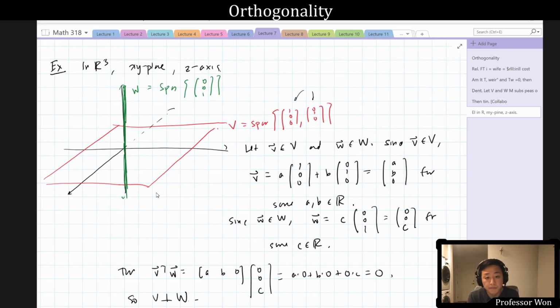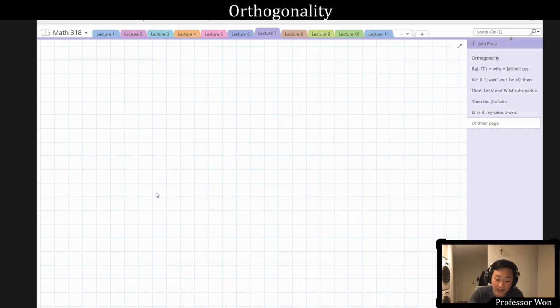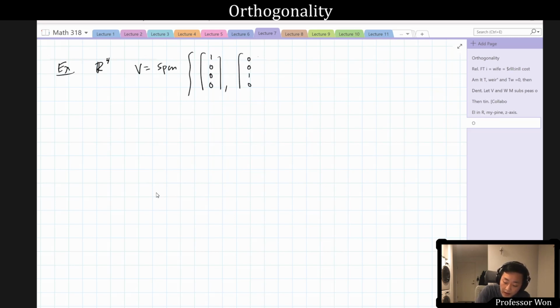Okay. But now, since we are mathematical people, you can generalize this to any R^n. So even if you can't draw the picture, I will encourage you to do this example yourself. It's really the same thing as the previous examples. If we let V be, as in the example in the notes, the xz plane in R^4, and W to be the yw plane in R^4.